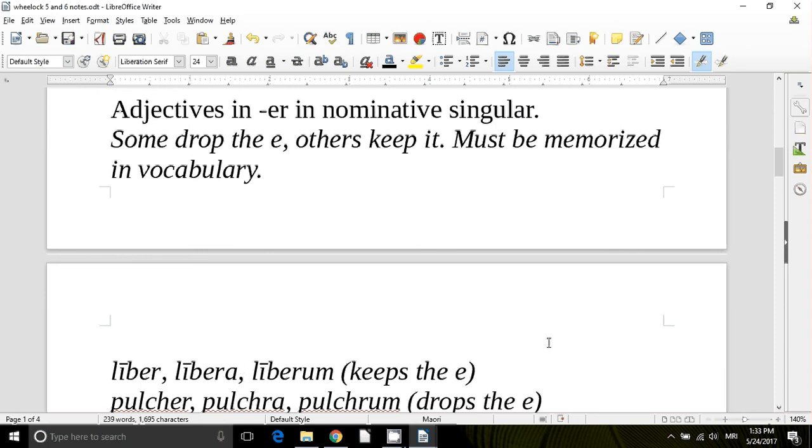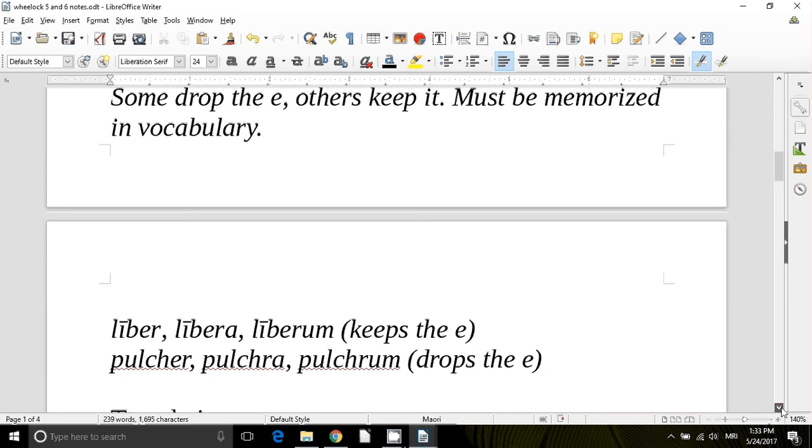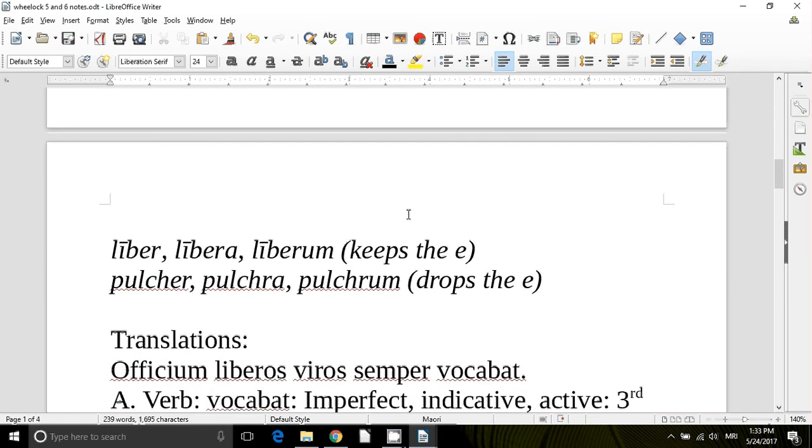And they change only in this way, that some keep the e, like liber, which means free. So in the feminine nominative singular, it's libera, and in the nominative neuter singular, liberum. Some drop the e: pulcher, pulchra, pulchrum. And you just have to learn those with your vocabulary.